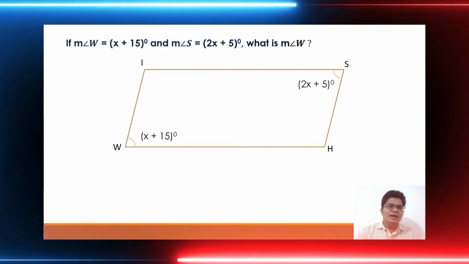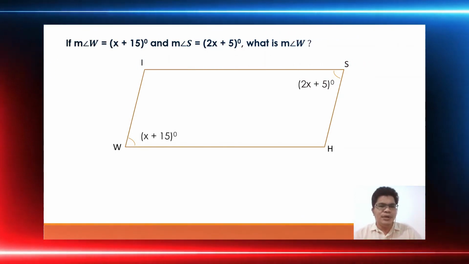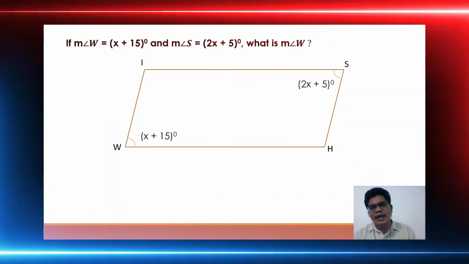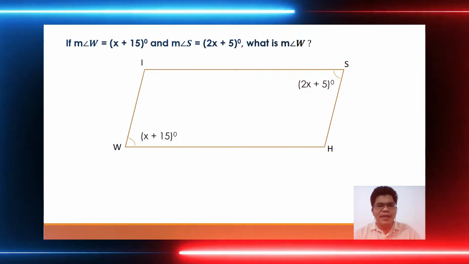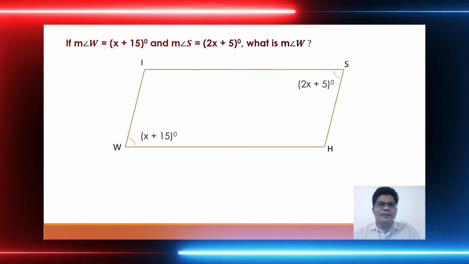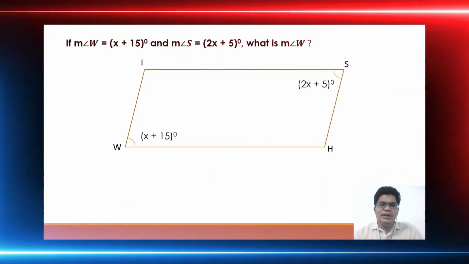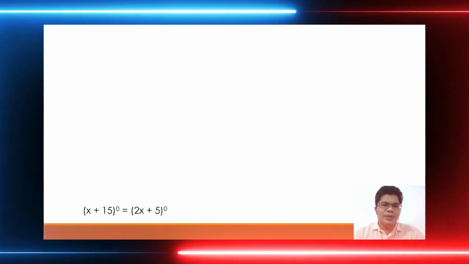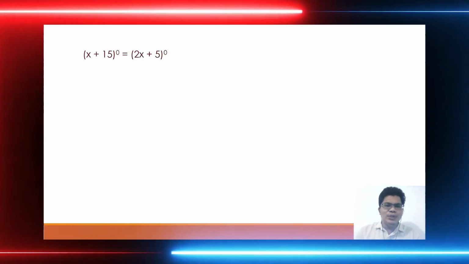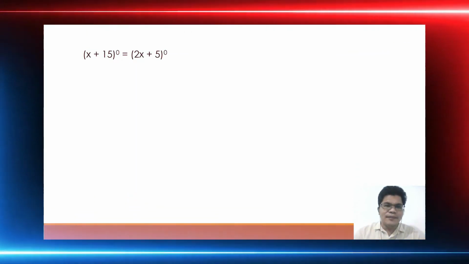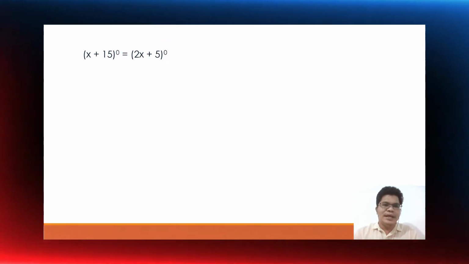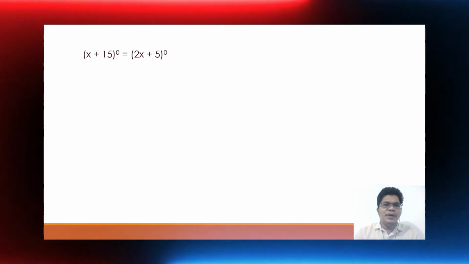So the measure of angle W is congruent to the measure of angle S, meaning the measure of angle W is equal to the measure of angle S. Since angle W is congruent to angle S, it becomes x plus 15 degrees equal to 2x plus 5 degrees. To simplify this equation, we need to apply the addition property of equality.